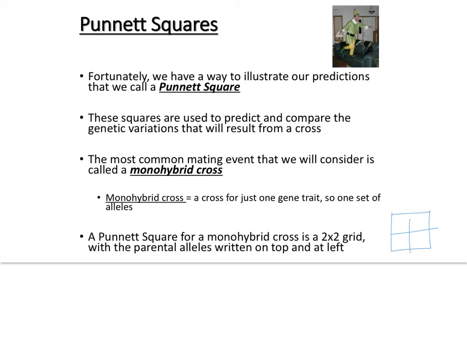A little 4 square. And what we do is we write the parental alleles up here at the top and here on the left-hand side. And then we use this grid to try to predict what kind of offspring they would get inside these boxes. Again, I'm hoping that many of you have done this before, but just in case you haven't, we're going to start from the ground and work our way up.